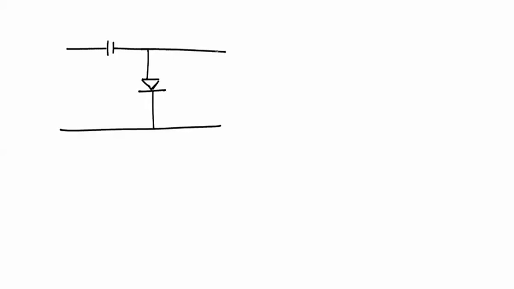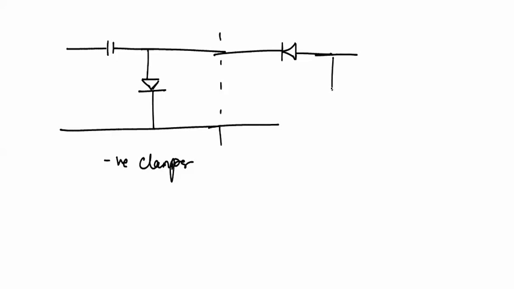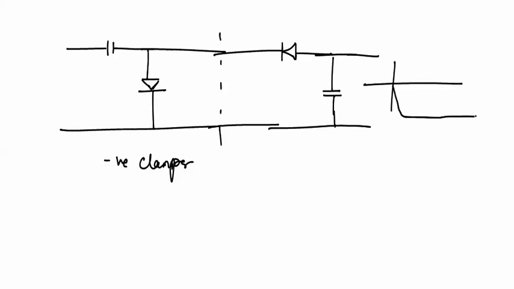This is a negative clamper, and it will be followed by a negative peak detector, and the output will be this kind of voltage equal to minus 2 Vm. So this is a negative clamper and this is a negative peak detector.